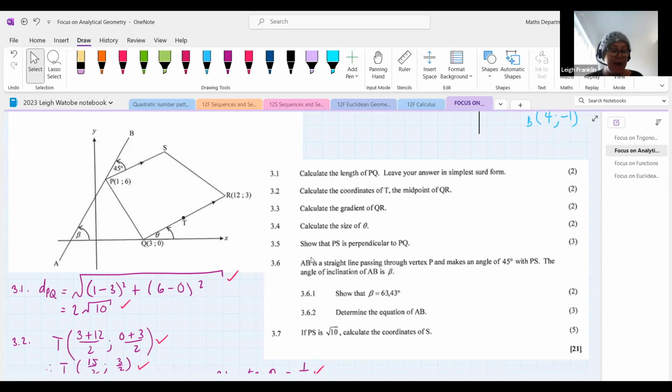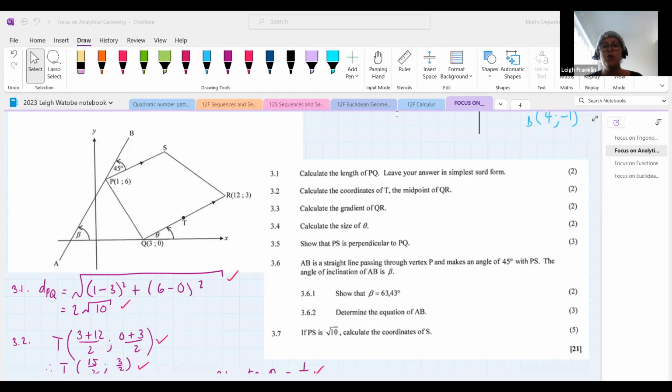And then they end up losing all the marks and they're never really sure as to why. If you want to prove something, the word show means to prove. So we cannot write down what we are trying to prove as our opening statement. That's got to come at the end.